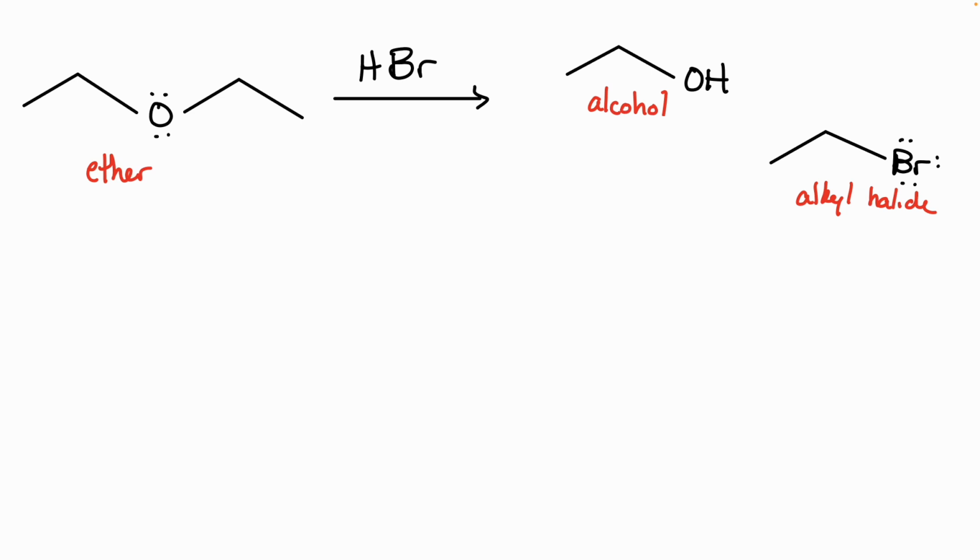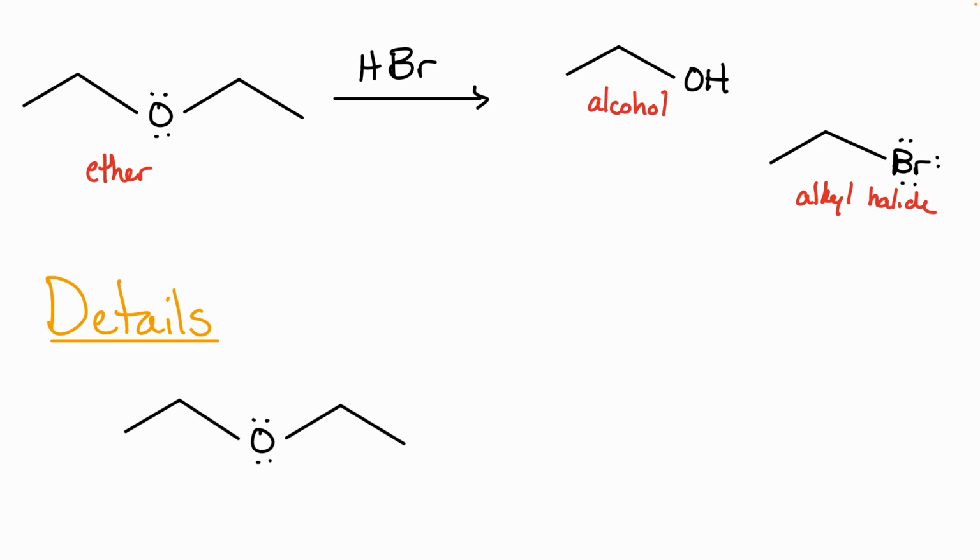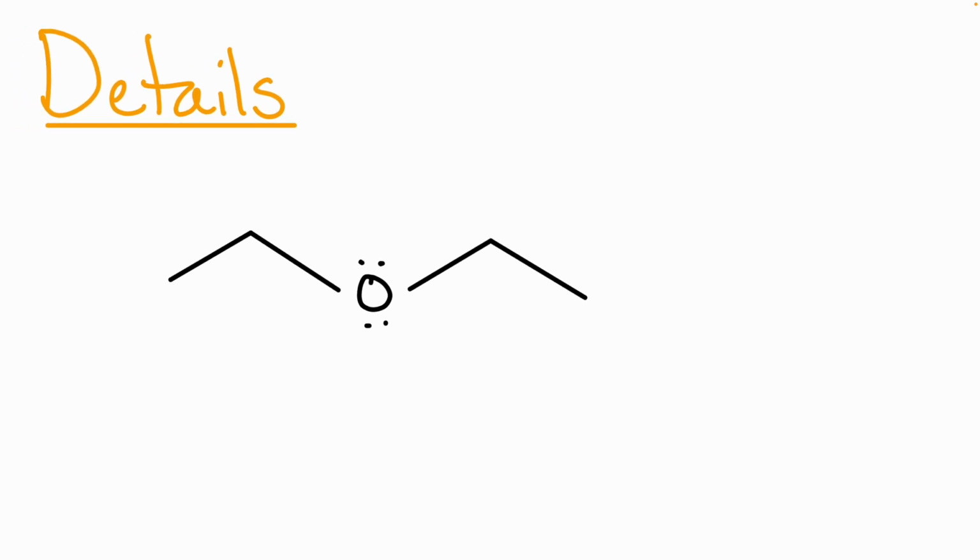All right, we don't spend a ton of time diving into the mechanism details of our reactions here, but we are going to look at this one a little bit more closely because it's going to help us better understand this reaction. What happens is first that strong acid is going to protonate this oxygen right here.